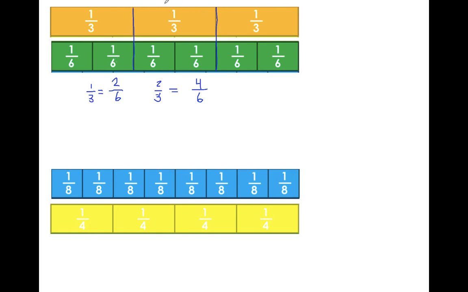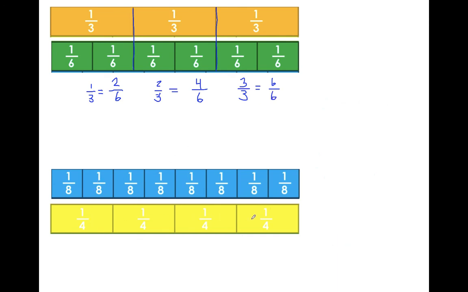And 2 of the thirds equals 4 of those sixths. These are equivalent fractions. Now, last one, if I were to have 3/3, so all of those thirds cubes, how many sixths does it equal? It would equal 6 sixths.